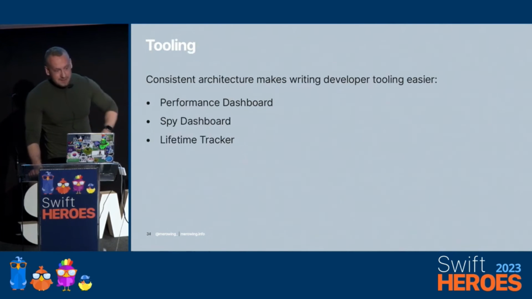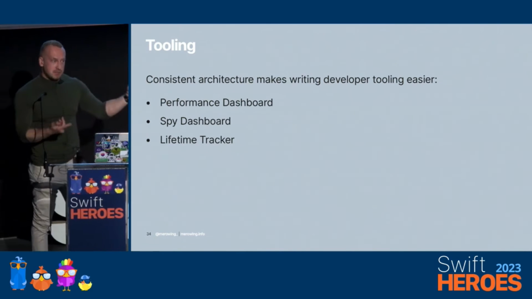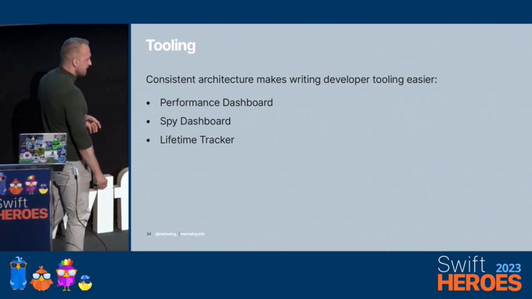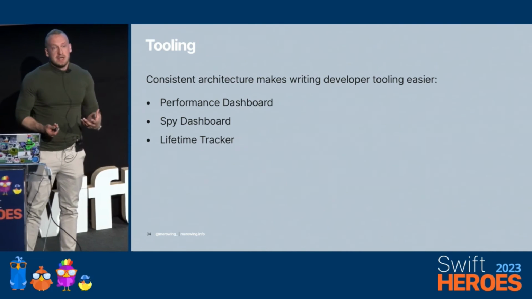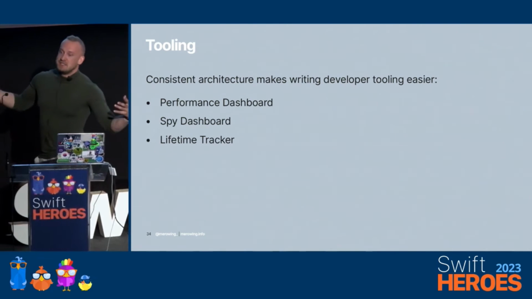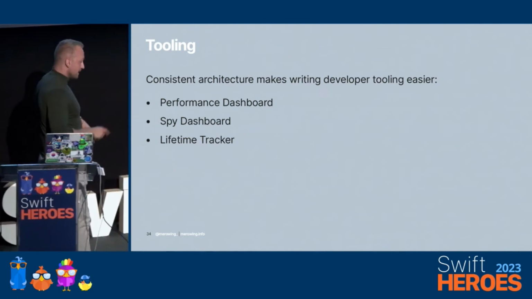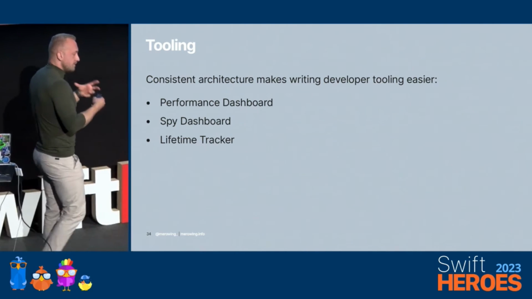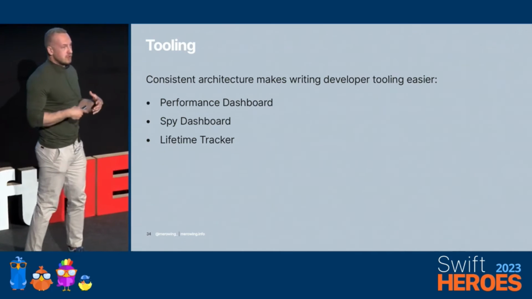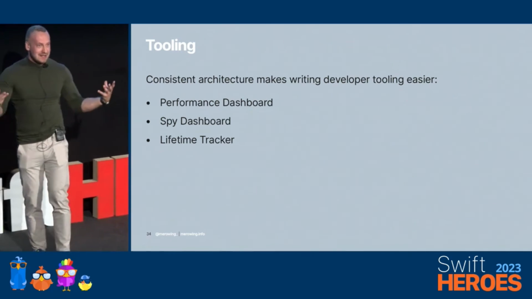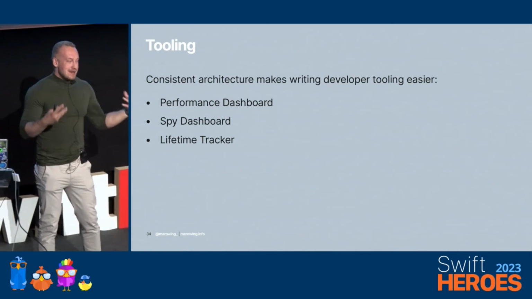One of the big benefits of TCA, and how I actually developed this stuff for clients, is that I had to build a lot of tools. The biggest promise of TCA, of even unidirectional data flow, and it's a really big sell to engineers, is that you will be able to understand what's going on in your application. That's the biggest promise. I really want to know what is happening.